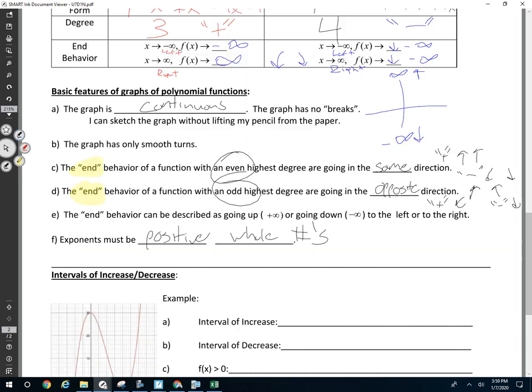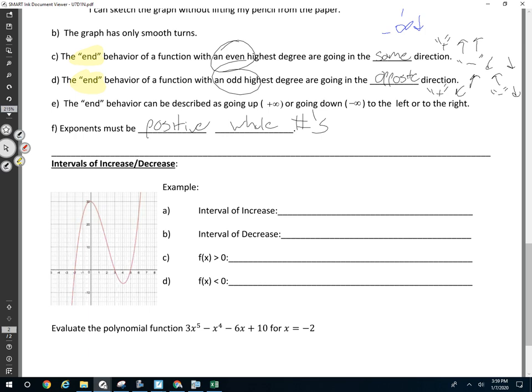Okay? Some other things that we can describe, how we can describe polynomials is when is it going up and when is it going down. So not necessarily just the ends. We can say, okay, as x approaches negative infinity, what are my function values doing? Please discuss this with your neighbor.